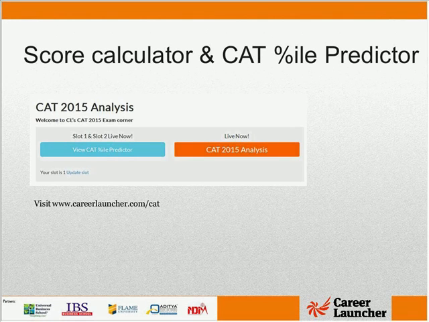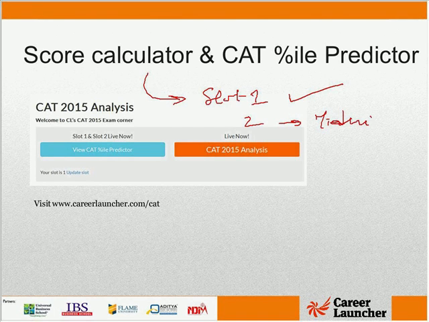The score calculator for slot 1 is live. Slot 2 should be live by about midnight. As we keep getting questions, we'll recreate the paper and make it available to you so that you know exactly what we have done and what score you can expect. That will also help us give you a better estimate of your percentiles.